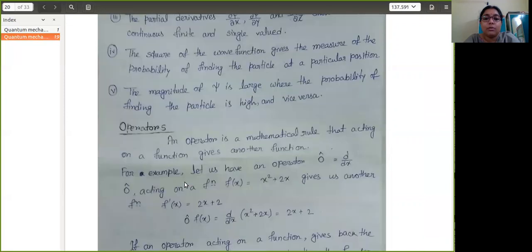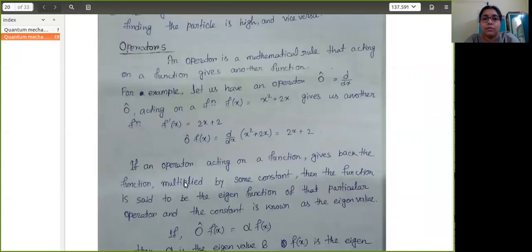Now we come to operators. Before going to quantum mechanical operators, let us see what operators are. An operator is a mathematical rule that, acting on a function, gives you another function. For example, let us take an operator O cap. Here the cap denotes the operator sign.